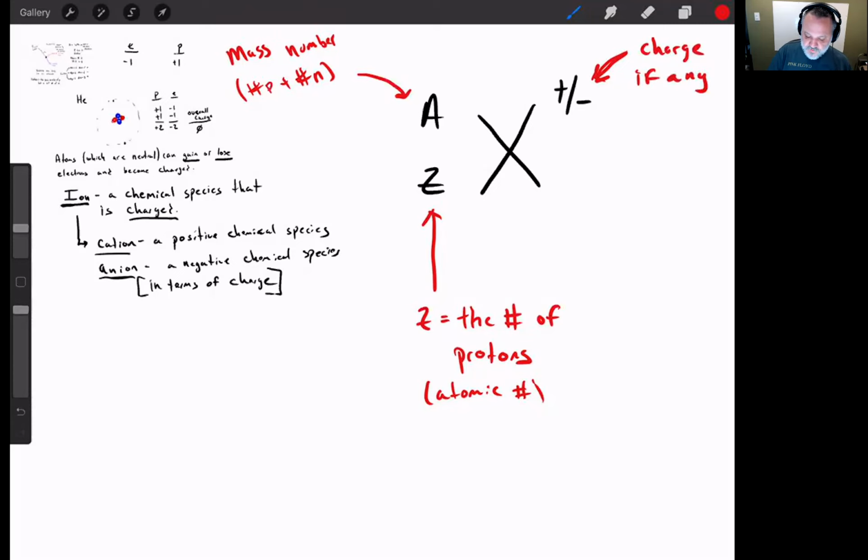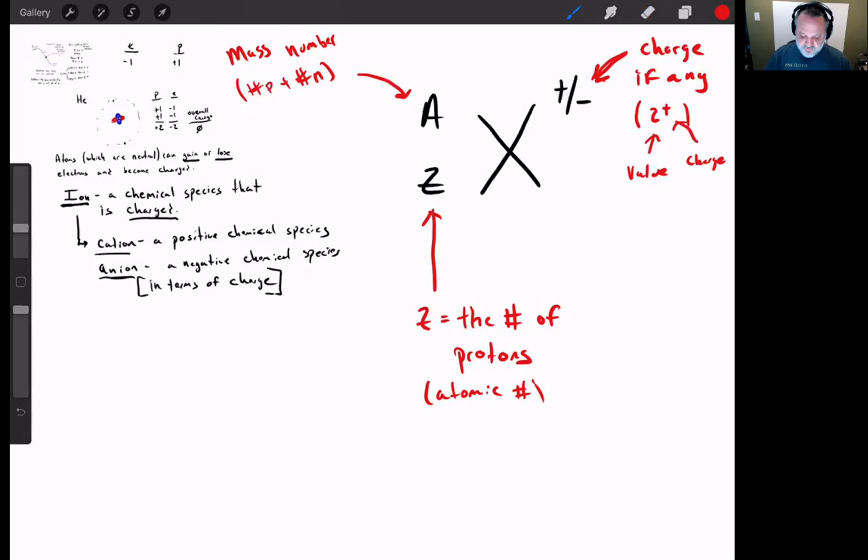By convention, we put the number before the charge. So we would say 2 plus or 3 plus or 2 minus, not minus 2, not minus 3, etc. It's just a convention. Everybody will know what you mean if you say plus 2.